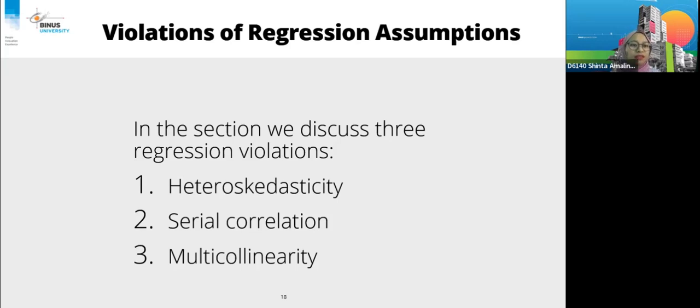Why? Let me recall the Bitcoin prices. The Bitcoin price today might be affected by the price of the previous day. So these might have serial correlation. And if we consider panel data, then we should address heteroscedasticity as well. Why panel data?